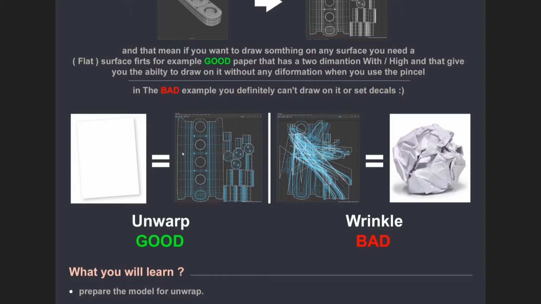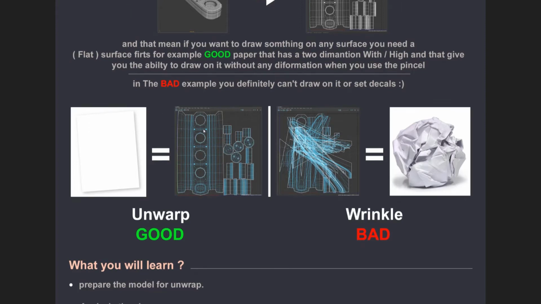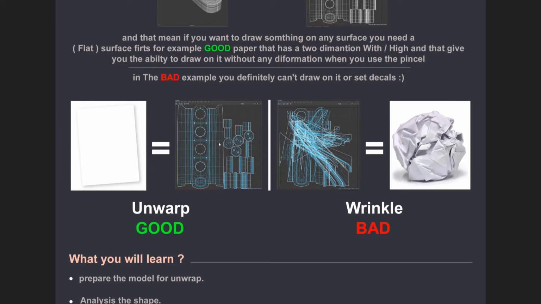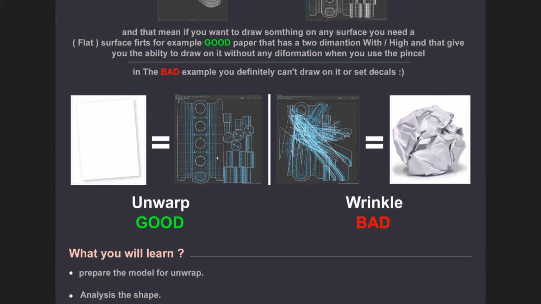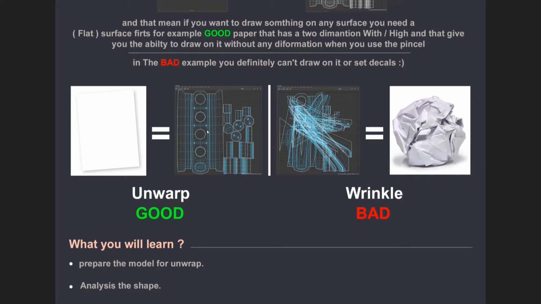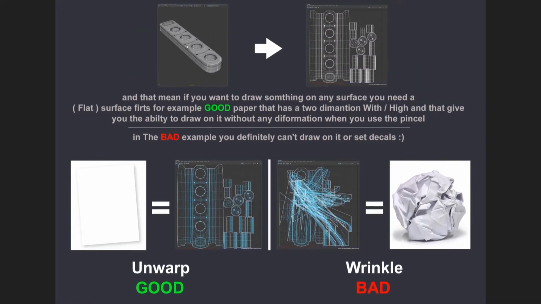That gives you the ability to draw on it without any deformation when you use a pencil. The same thing happens when you paint in 3D on your surface. In this model you have to convert it first to this example.